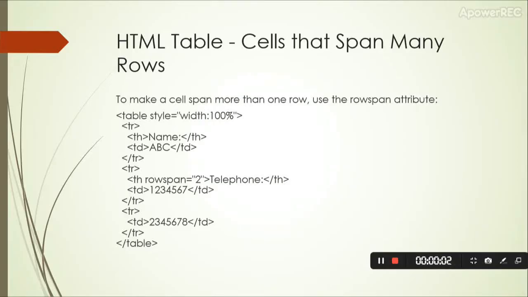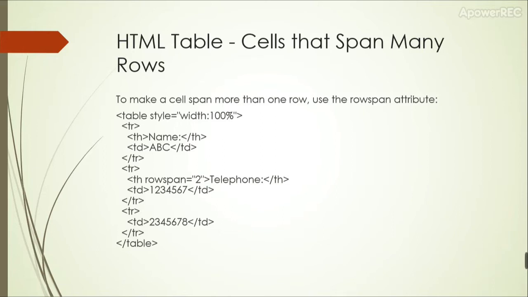HTML table. Cells that span many rows. To make a cell span more than one row, use the rowspan attribute. Like we use table style is equal to width 100%. Then we will use table, then table heading, table data, then row close.